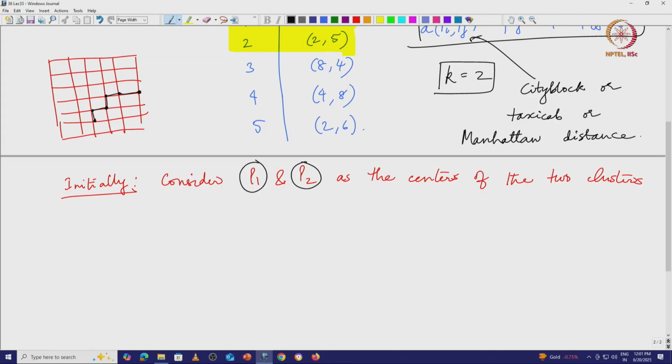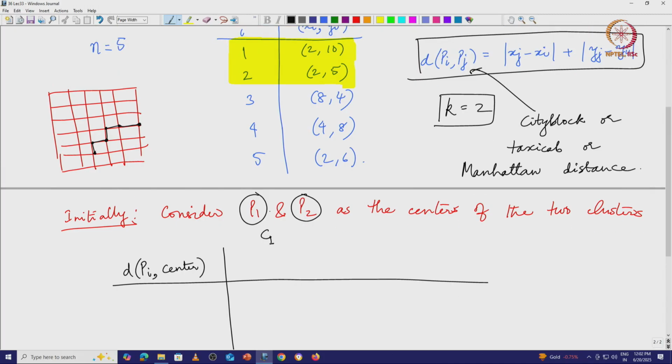I am going to compute the distance of every point i from the cluster center. And like I said, we are considering two choices of the cluster centers. For the first cluster we are considering the first point, that is P1, 2 comma 10, and for the center of the second cluster C2 we are considering P2, okay, and that is 2 comma 5.